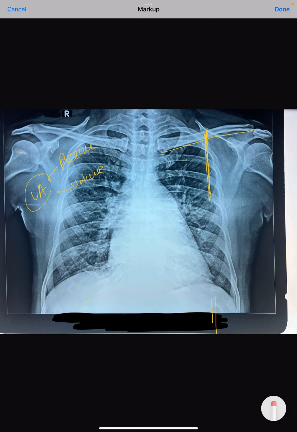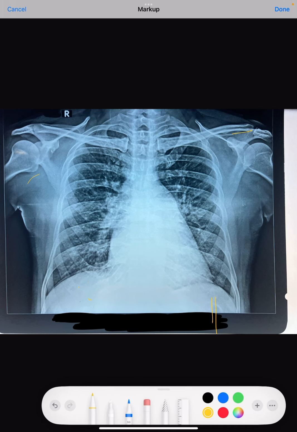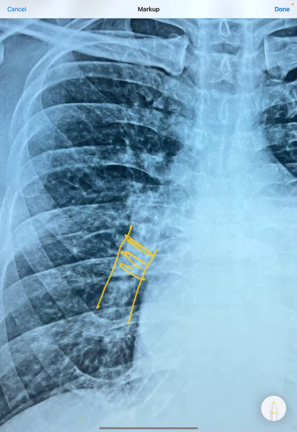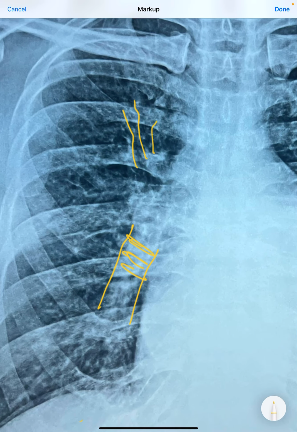So only on the basis of the apex beat we can have an idea what underlying pathology the patient may have. If you look very carefully, see the pulmonary trunk, it looks so dilated. In this area also the pulmonary trunk is prominent. If you zoom in, you can see the pulmonary vasculature is pretty prominent.